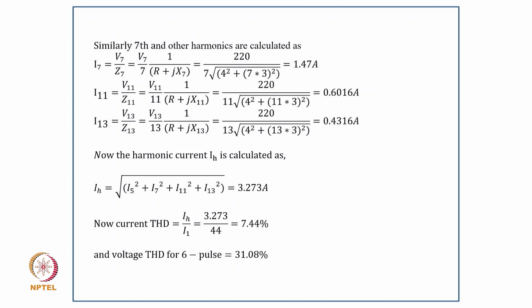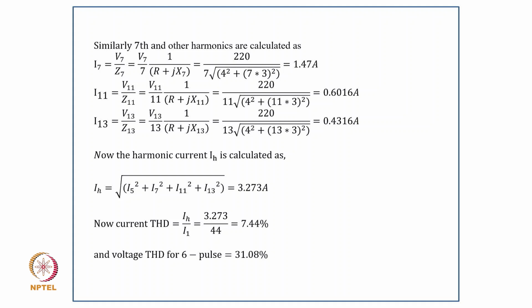Similarly I11 equal to V11 by Z11, that is V1 by 11 times 1 upon R plus jX11, putting the values it comes 0.6016, and I13 equal to V13 by Z13, that is V1 by 13 times 1 upon R plus jX13, putting the values it comes 0.4316.